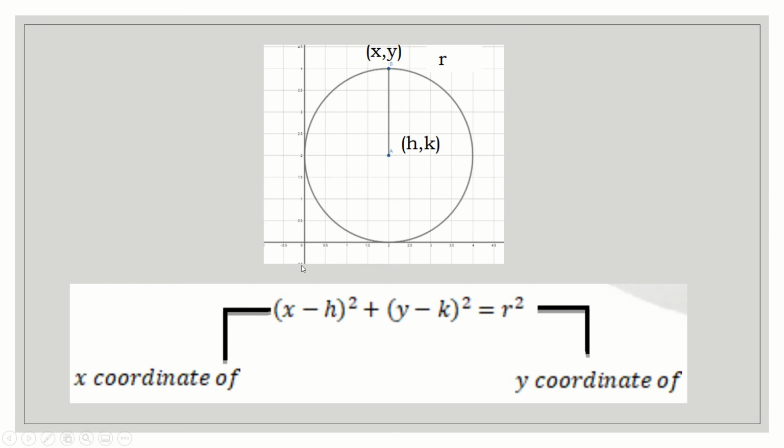So, this is what we call the center radius form of the equation of the circle. We have the quantity of x minus h squared plus y minus k squared is equal to r squared. Remember, yung h tsaka k ay yung point ng center ng given circle. And yung r naman ang ating radius.